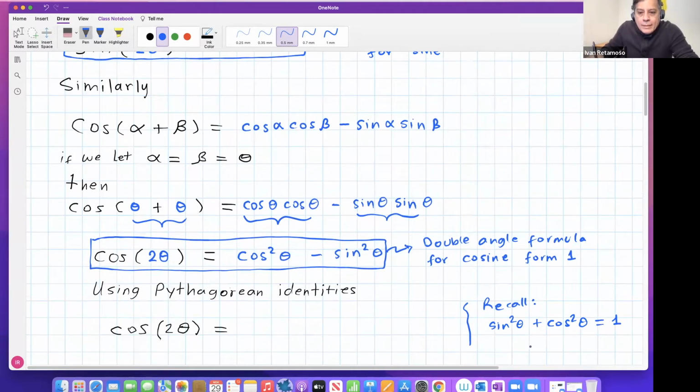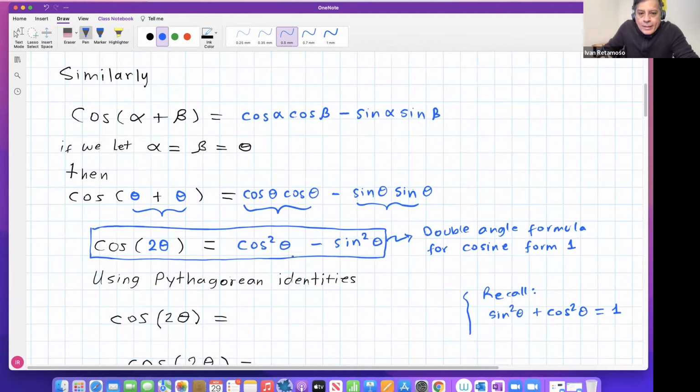From here, I can isolate cosine square by subtracting sine square of theta on both sides. And I'm going to get the following, that cosine square of theta is equal to 1 minus sine square of theta, right? But now, if you replace this cosine square of theta with 1 minus sine square of theta here in this equation, right?